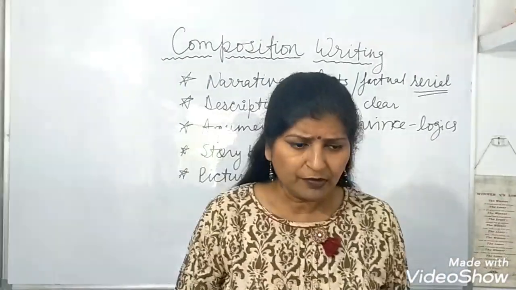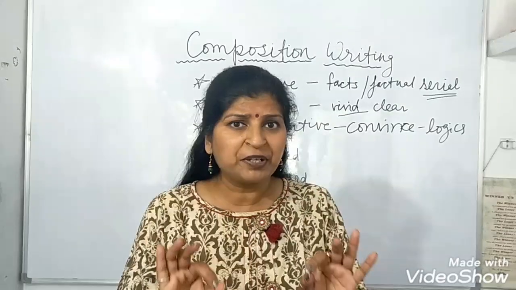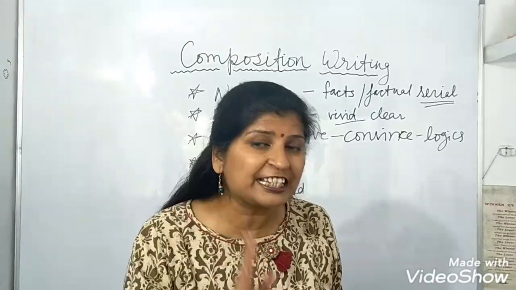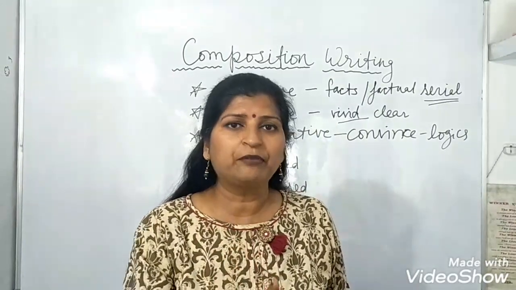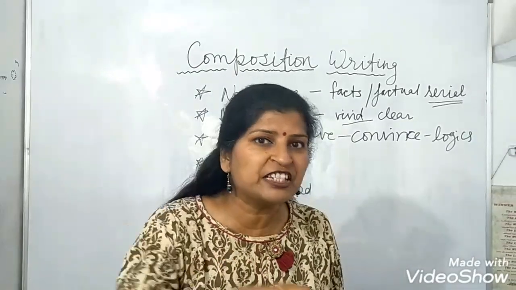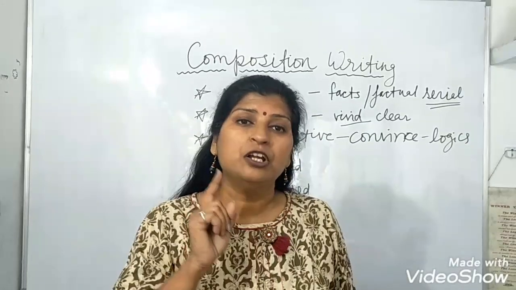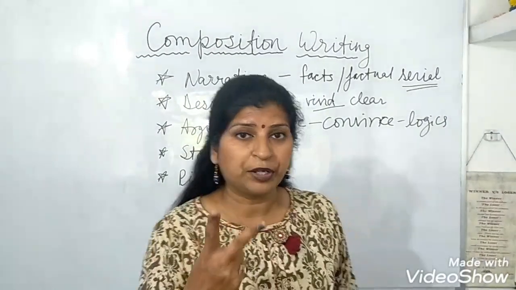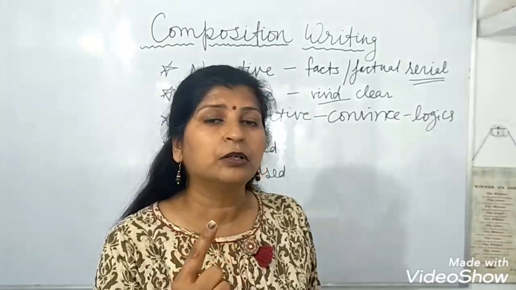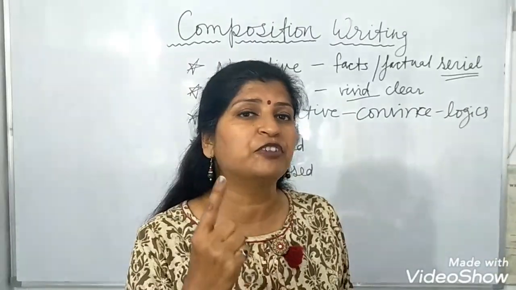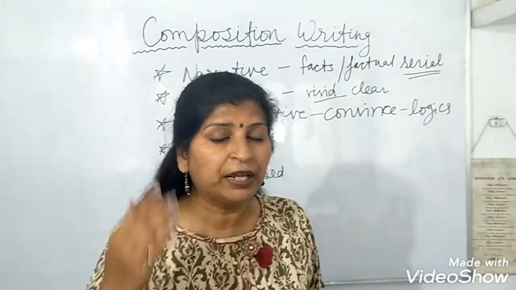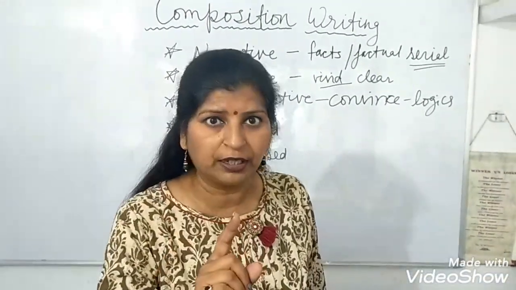So again I am repeating, in argumentative composition, your writing skill should be very up to the subject, and you have to convince your readers through your logics. So, two very important things for argumentative composition writing are, first, you need to have that art of convincing, and second is to give strong logic so that you can make other person think what you are thinking.